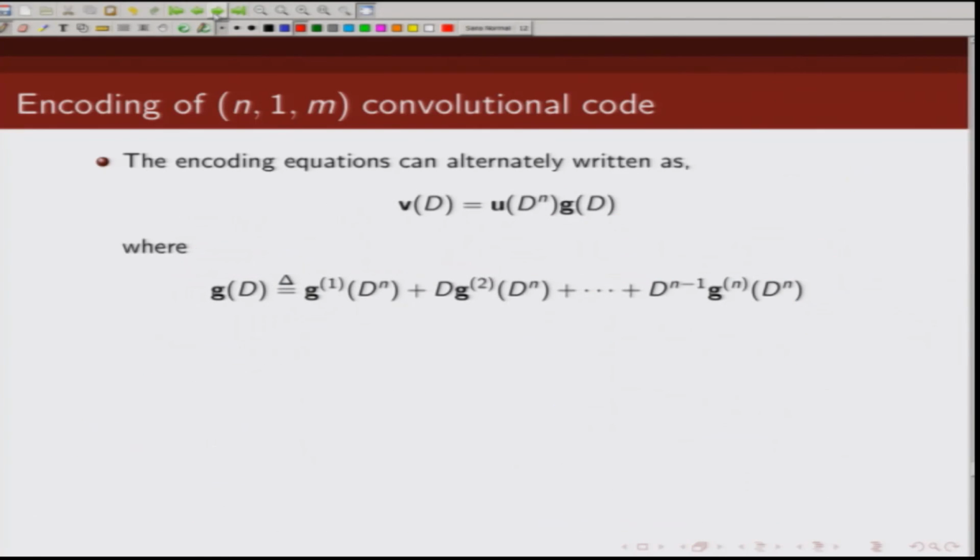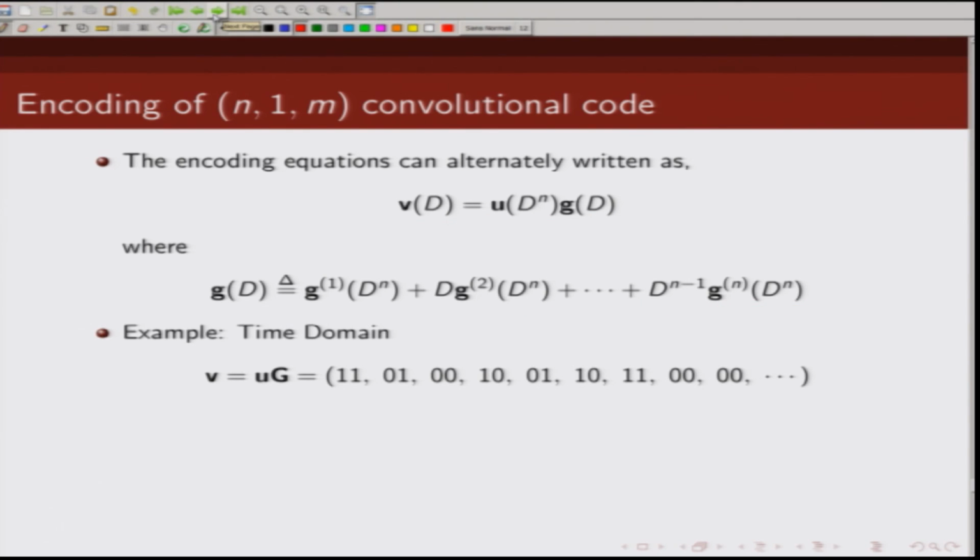Following this, we can also write our encoding sequence in this particular form, where the output sequence is given by u(d^n) times g(d), where g(d) is the generator sequence from the first coded sequence, the generator sequence from the second delayed by 1, the generator sequence of the third delayed by 2, and the generator sequence of the n-th delayed by d^n. So, the overall encoding sequence can be equivalently written like this.